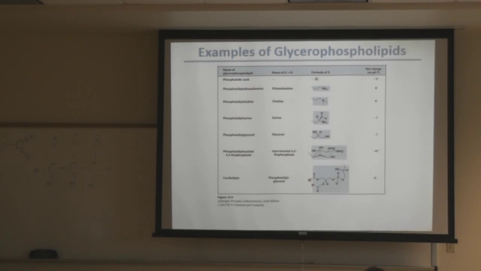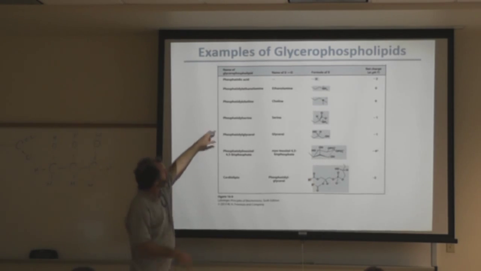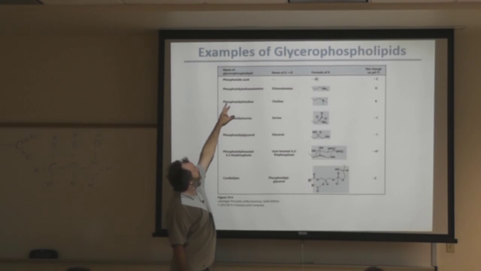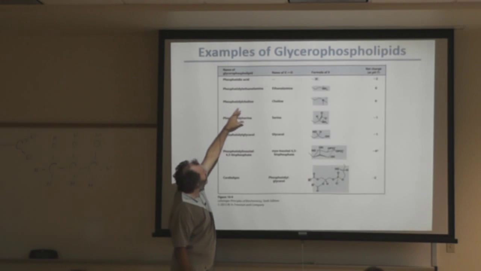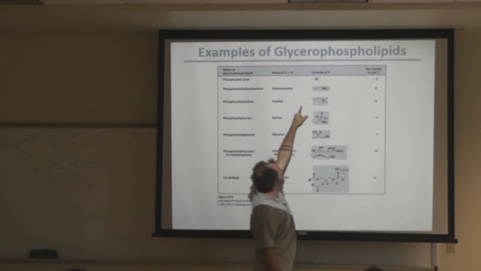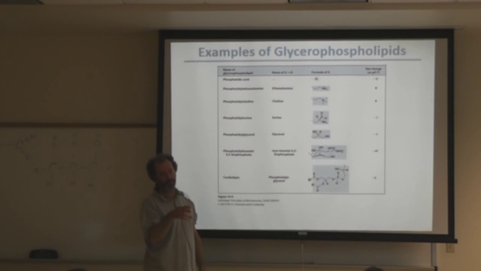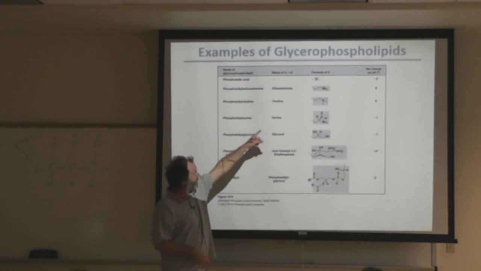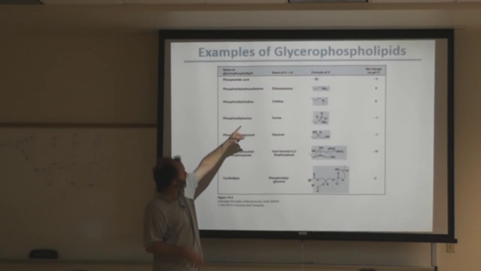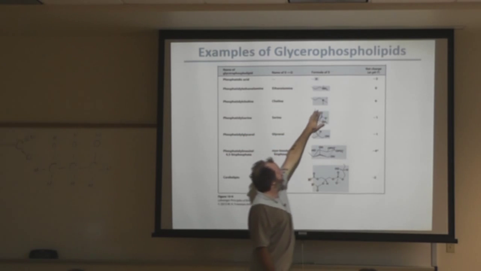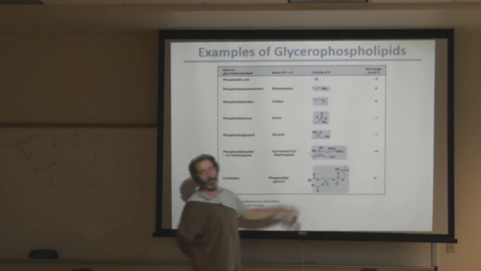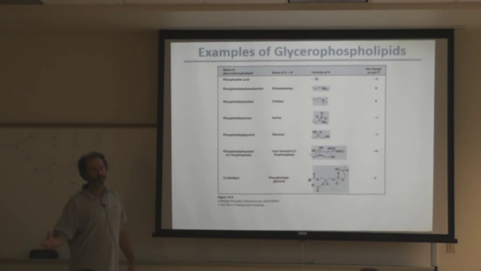These are some of the examples of glycerophospholipids. Phosphatidic acid is just the phosphate as a head group. Phosphatidylethanolamine, you have an ethanolamine group. You have the ester with the phosphate and the OH on the ethanolamine. This amine group gives that head group a positive charge, which will make the overall lipid neutrally charged, right?